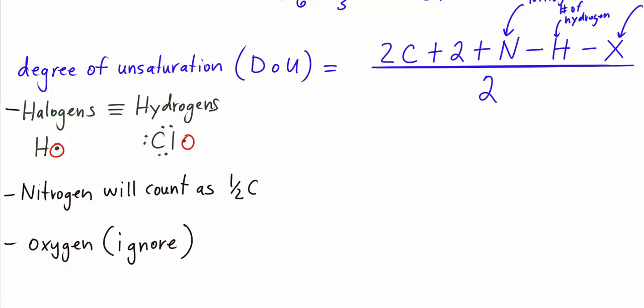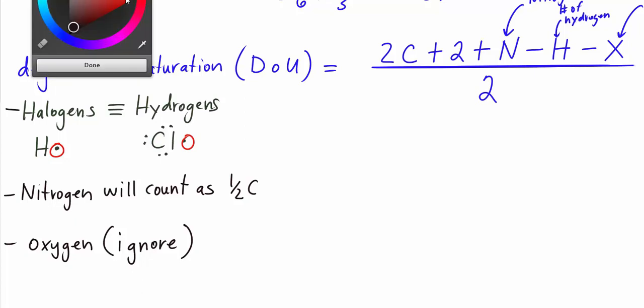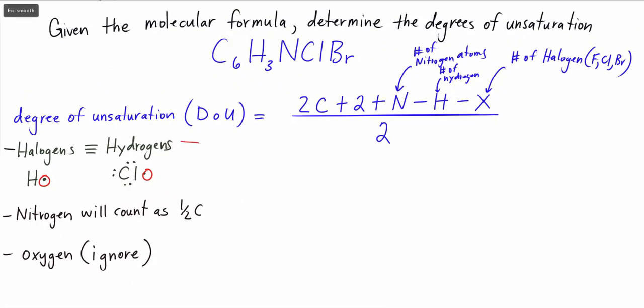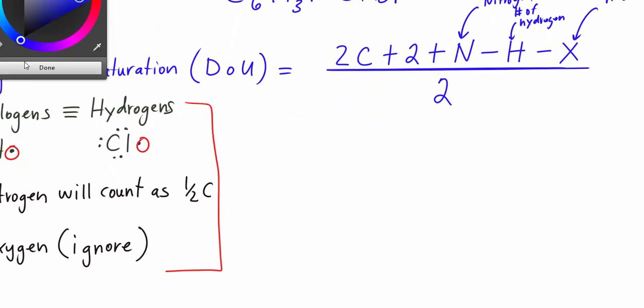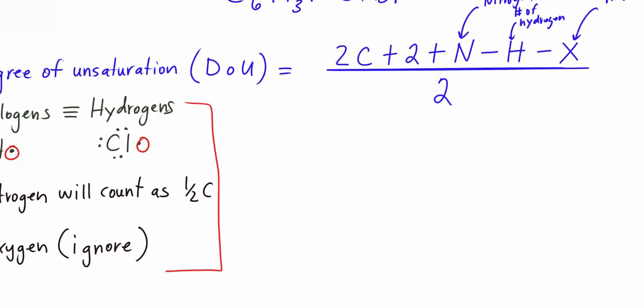So if we know this formula, this is just good information for you to know. If we know this degree of unsaturation formula here, we can apply it to a molecular formula and determine how many degrees of unsaturation it actually has.